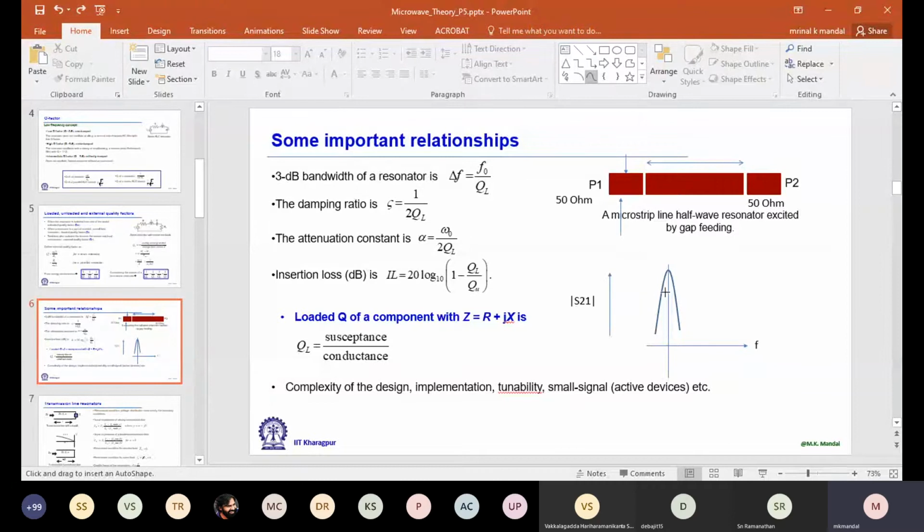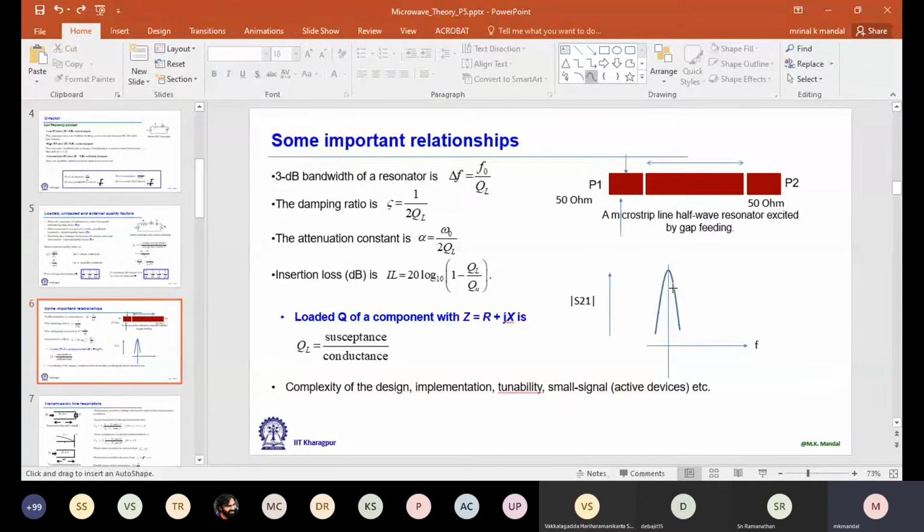Now I can calculate the quality factor from this curve. Same technique: note down the peak value, come 3 dB down and check what your delta F is. So F naught by delta F will give you the loaded quality factor, QL. Now if I decrease the gap, what will happen?